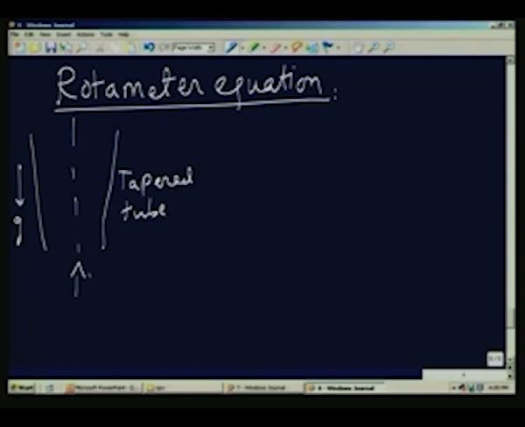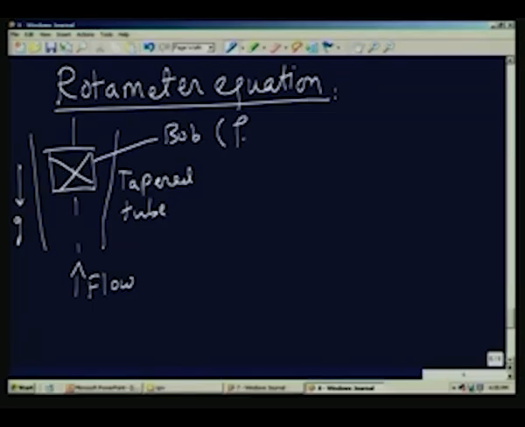The flow is taking place from below, and here is the bob. We will say that rho b is the density and the volume is Vb. So, this is the density and this is the volume of the bob.